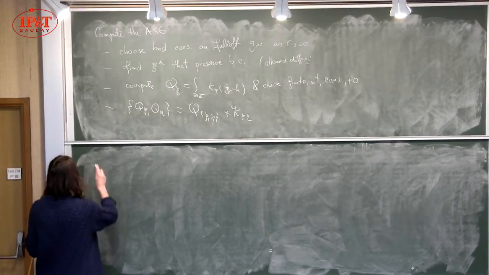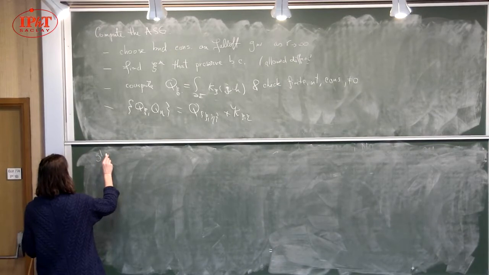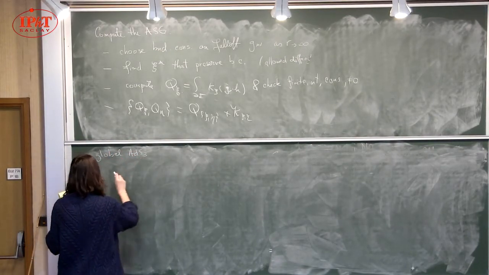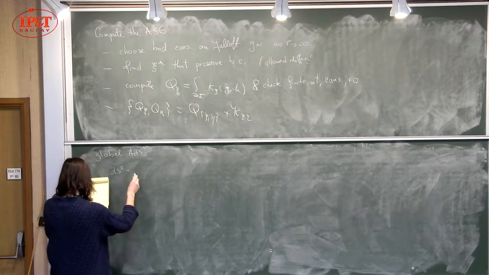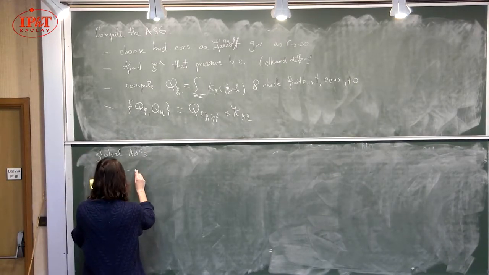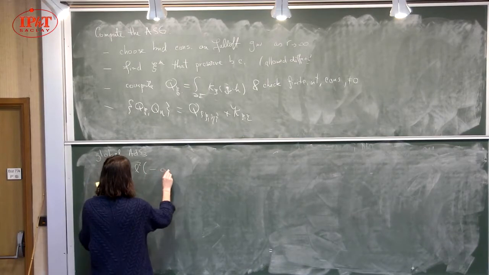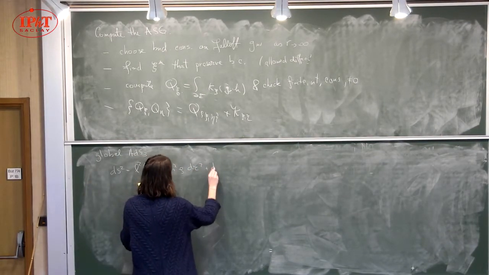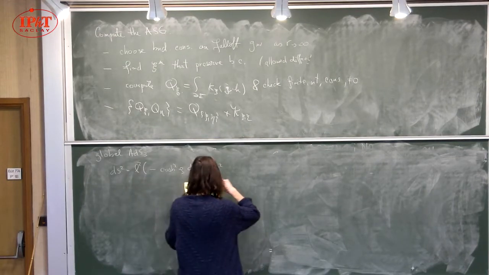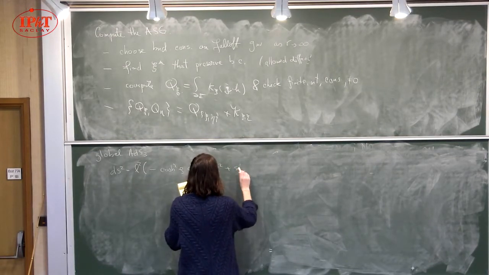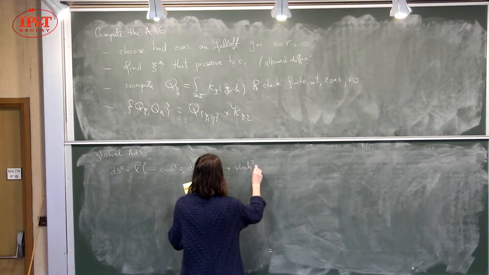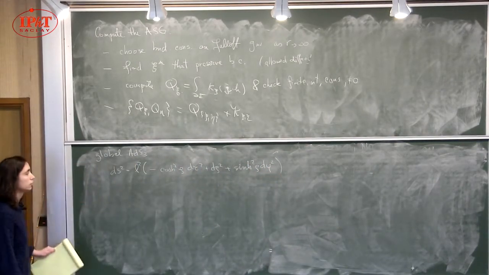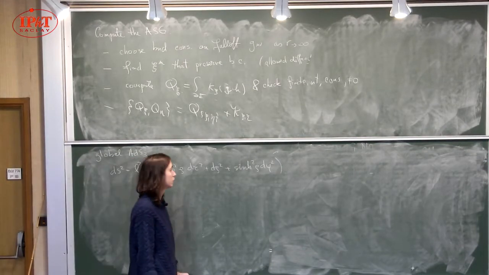Okay, so let me remind you what global AdS3 looks like. We've written the metric earlier. This was L squared times minus cosh squared rho d tau squared plus d rho squared plus sinh squared rho d phi squared. So this was the general metric particularized to 3 dimensions.